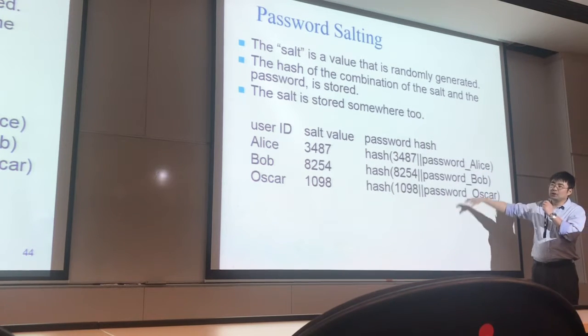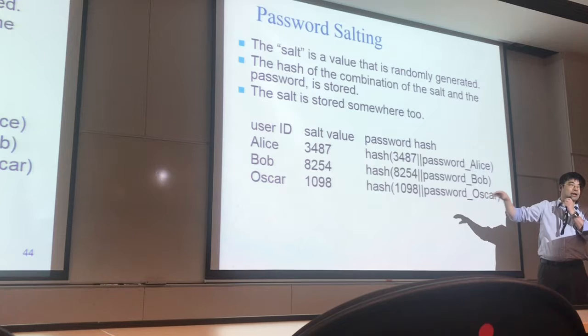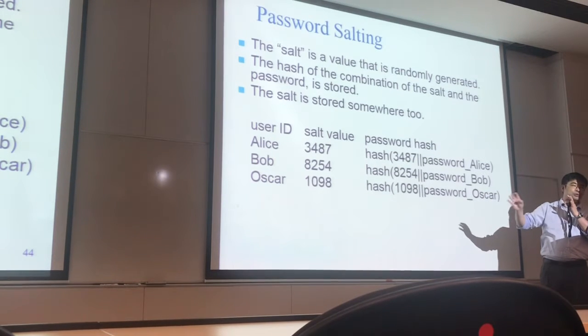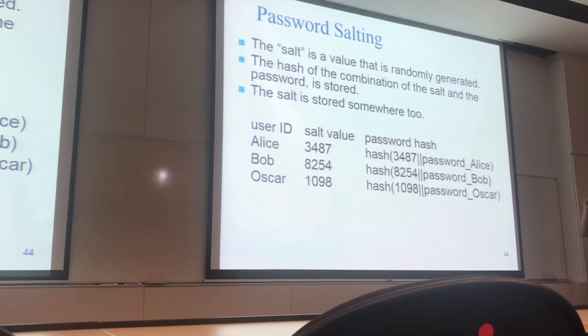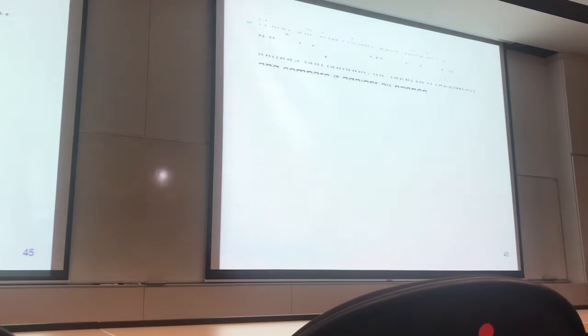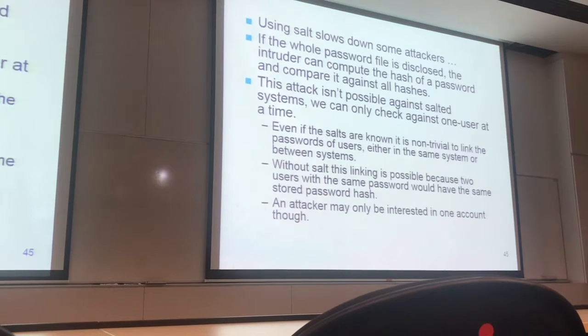From the hash table, you cannot tell whether any two people chose the same password or not, because each one will have a unique salt value attached to the password to do the hashing. So that's the advantage of using salting. Using salt can slow down the attack.